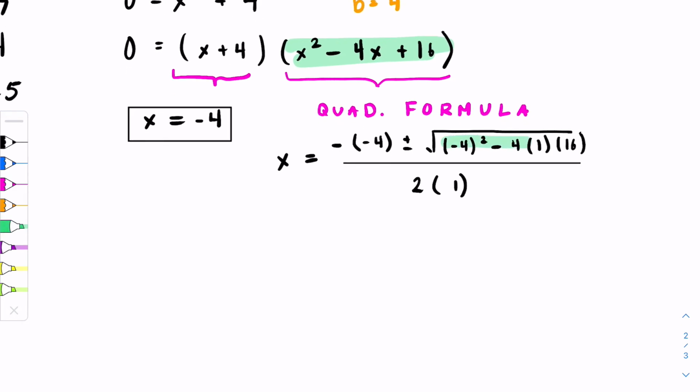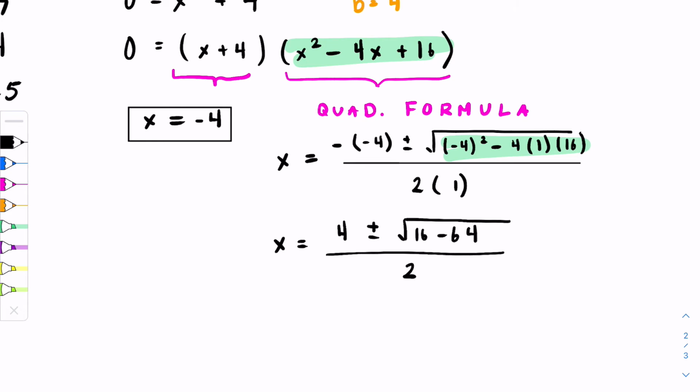When I'm doing this, I always simplify underneath my square root sign first. X is equal to, right here, negative times -4 is +4, plus or minus the square root. -4 squared is going to be 16, and -4 times 1 times 16 is going to be -64.